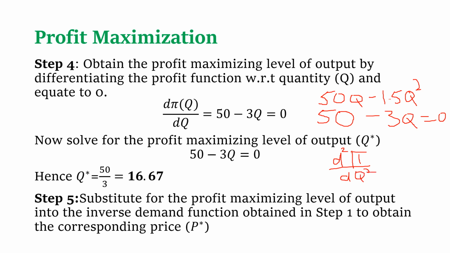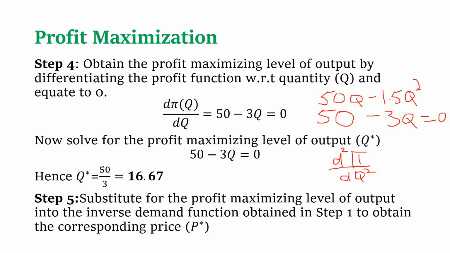Can anybody tell me why we are using this d here? We are not using quality here. The main reason we are using d is because this function has only one independent variable, and that independent variable is quantity, which is q, right?